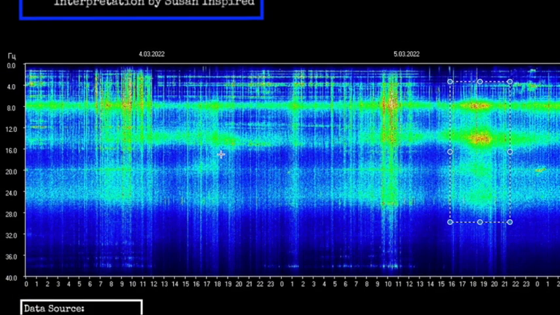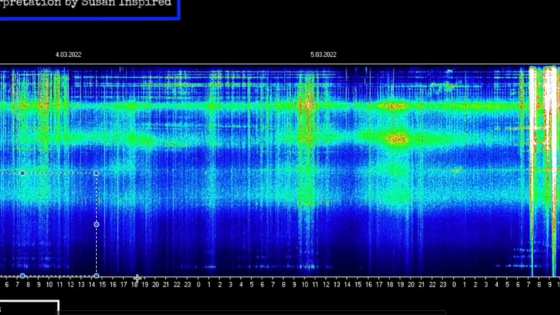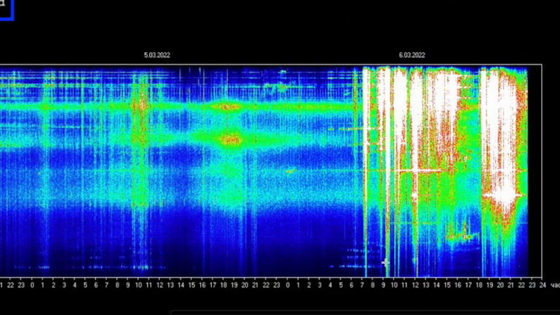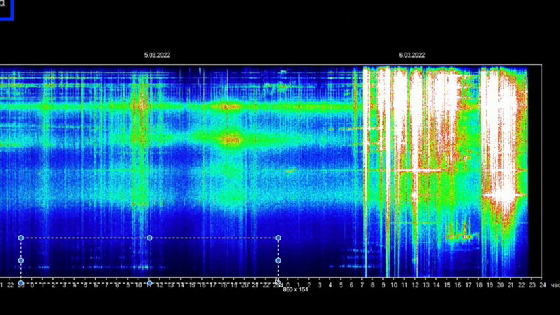The other really potent thing about this chart, and it's been going on for days, is that the hertz are lit up across the hertz range to 40, and you have all this lighting up in the high hertz here of the chart, which would be the mid 30s to high 30s. So this is where our connection with the spiritual comes into play.